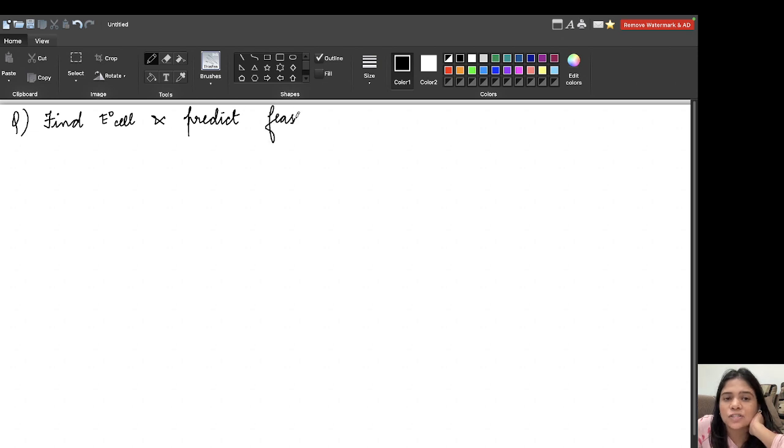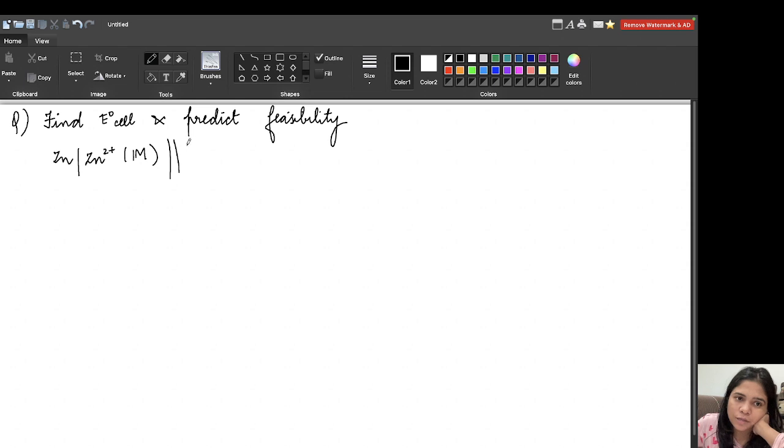Predict whether this reaction is actually possible or not. Predict the feasibility of the reaction. And what is the cell? Zn, Zn2 plus 1M, salt bridge, Cu2 plus 1M, and Cu. You have to predict the feasibility.